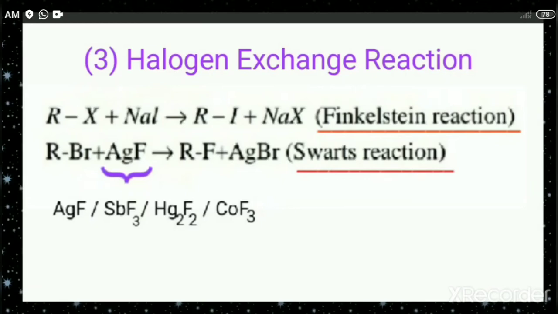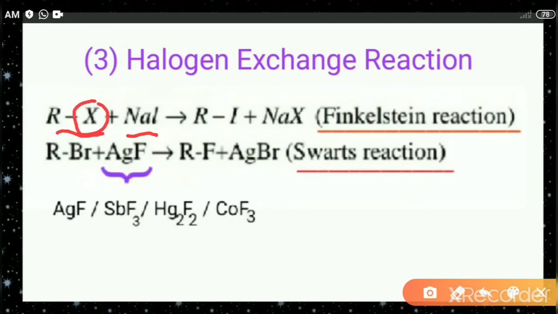Let us take the first example. In this case, RX is one of the haloalkanes, and when it is treated with NaI, that is sodium iodide, in the place of X, I takes this position, and so we get the product RI plus NaX.